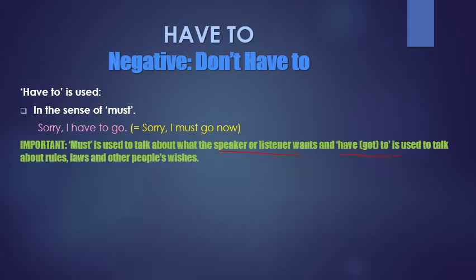Have to is used to talk about rules, laws, and other people's wishes. See, in must, this is the desire of the speaker. But when the speaker uses have to, that means there are certain rules and regulations the speaker has to follow.